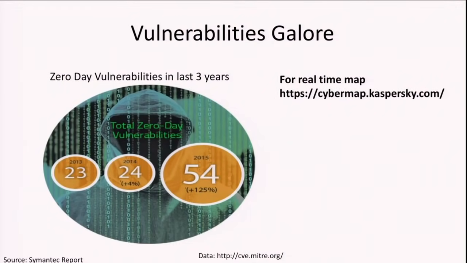Now, vulnerabilities. As I mentioned, we have a huge installed base of software, and software has lots of vulnerabilities, and then there are specific types of vulnerabilities. Some vulnerabilities are known, but they're not patched in all the systems, and therefore they can be exploited.